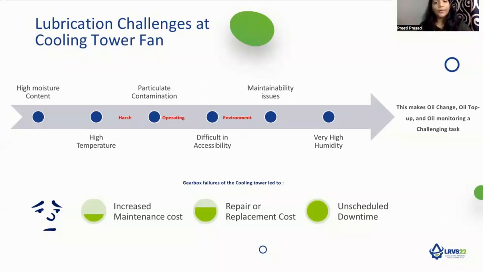Install an offline filtration system, install good sight glasses for quick inspections, and perform an oil analysis program on a scheduled basis, quarterly or semi-annually, and do a good report of the oil analysis. So these are some basic tips for maintaining the gearboxes and preventing any premature failures.